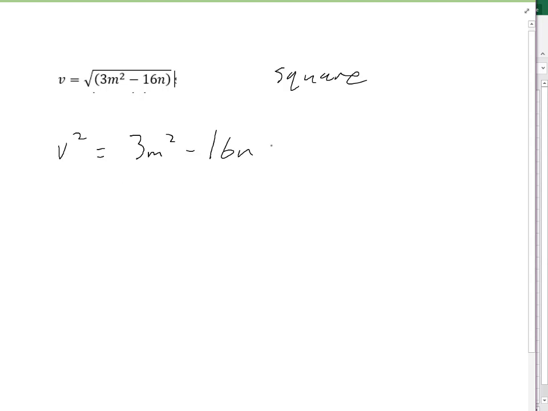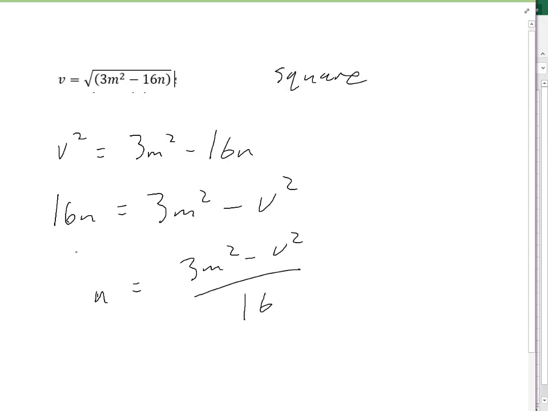Add 16n, subtract v squared. So 16n comes this side, v squared on this side becomes negative. So n is 3m squared minus v squared, all divided by 16, hopefully.